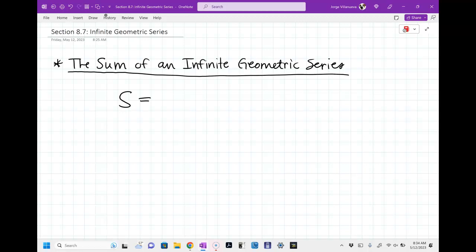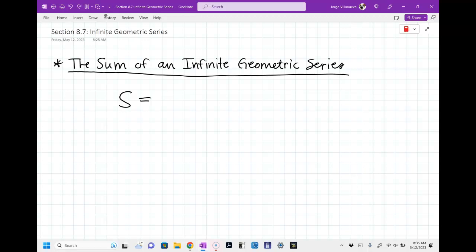In other words, just keep adding. Some books write S sub infinity, meaning go forever. I don't like to do that. It looks a little weird. So just the letter S means just keep adding. Not S sub 5, not S sub 10, because that means the first 5 terms, the first 10 terms, etc. We're just going to keep adding forever.